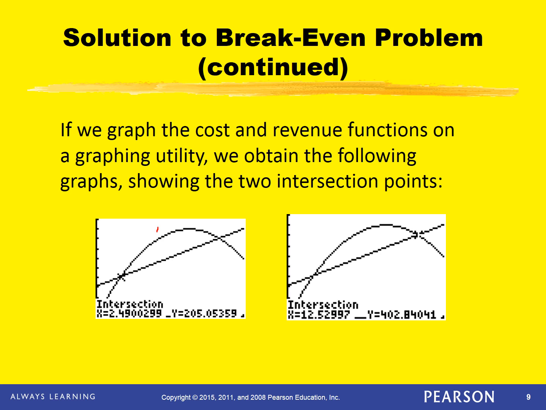You put R of x in your calculator, C of x is the line, and using the intersect feature, second trace 5, enter, enter, enter, you get 1 point of intersection, and then do it again, second trace 5, use the right arrow button to move the cursor to the right, enter, enter, enter, and you get another point of intersection.